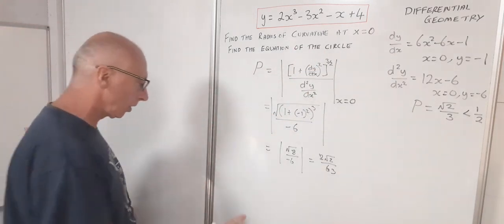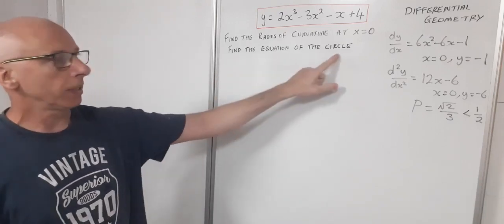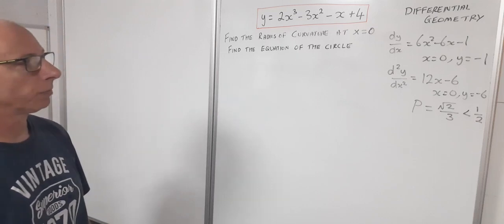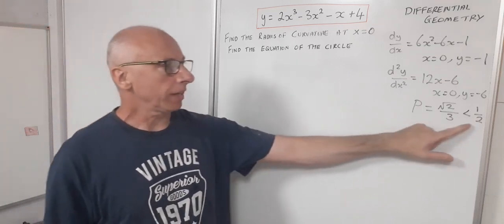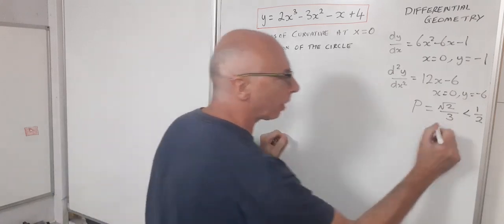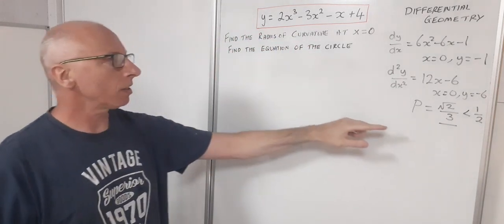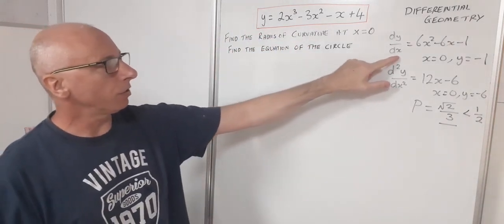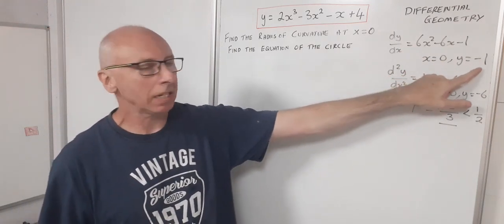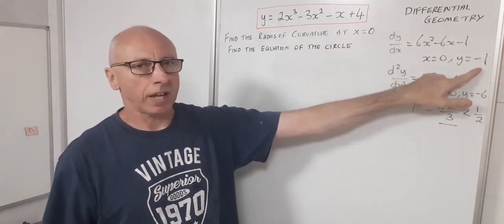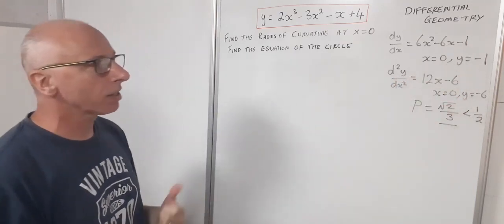So let's take this off the board. So with the radius of curvature, we now need to find the equation of a circle. Now, this value here, that's the bit we're interested in. That's our approximation. This value here is the radius, and we know the derivative is minus 1 at x equals 0. What that means is the gradient is -1 at x equals 0, which means that's the slope.